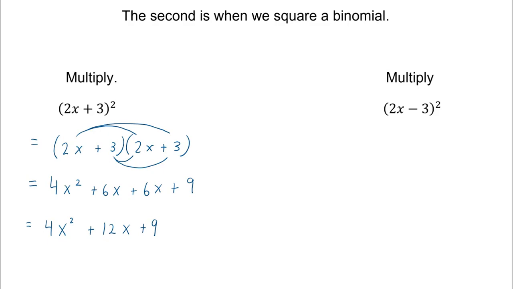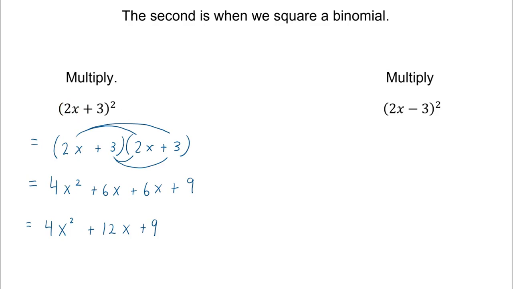Here's the pattern. Notice that the first term, 4x squared, is just the first term up here squared. It's just 2x times 2x. So when we're squaring a binomial, to get the first term, all we have to do is square the first term.